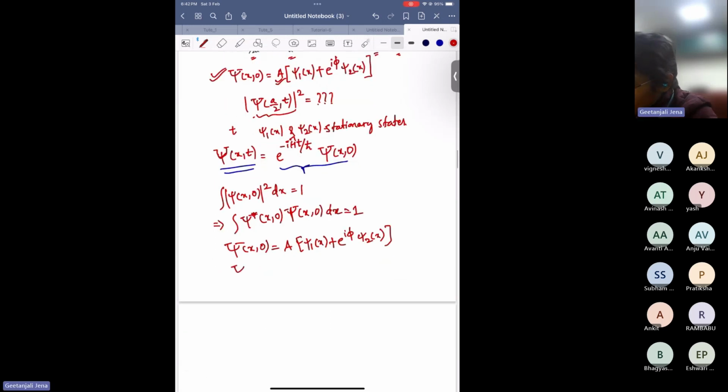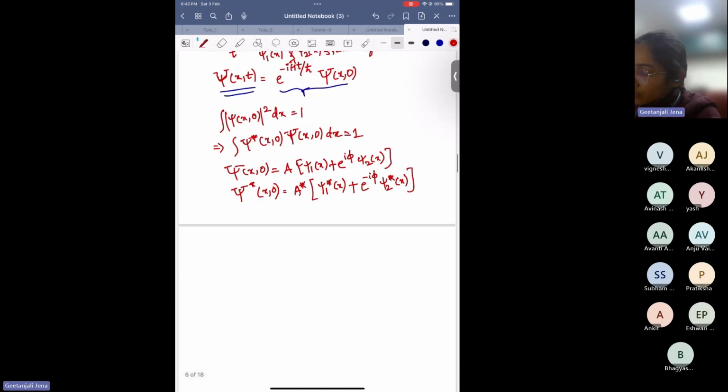If you want to take the complex conjugate, it will be A star, and this will be psi 1 star (x) plus e to the minus i phi psi 2 star.